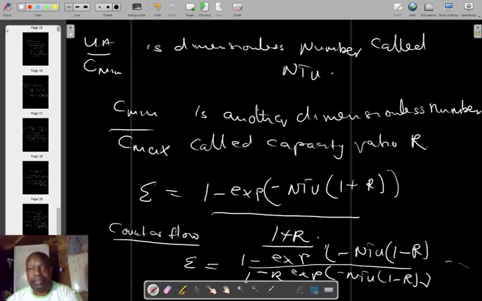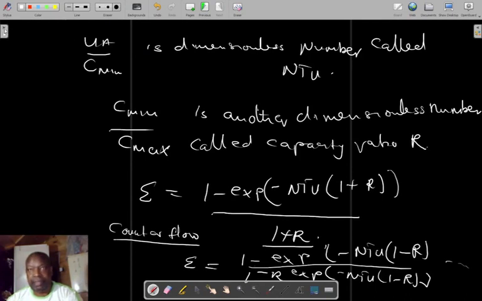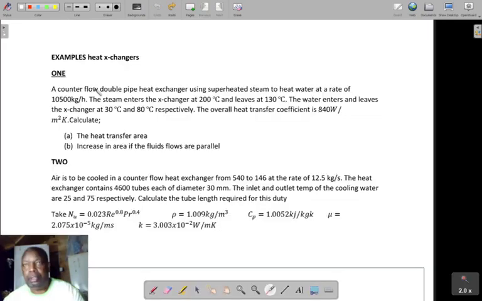So now let's have a look at some examples. Let us have a look at three examples. The first example reads: a counterflow double pipe heat exchanger is using superheated steam to heat water at a rate of 10,500 kilograms per hour.